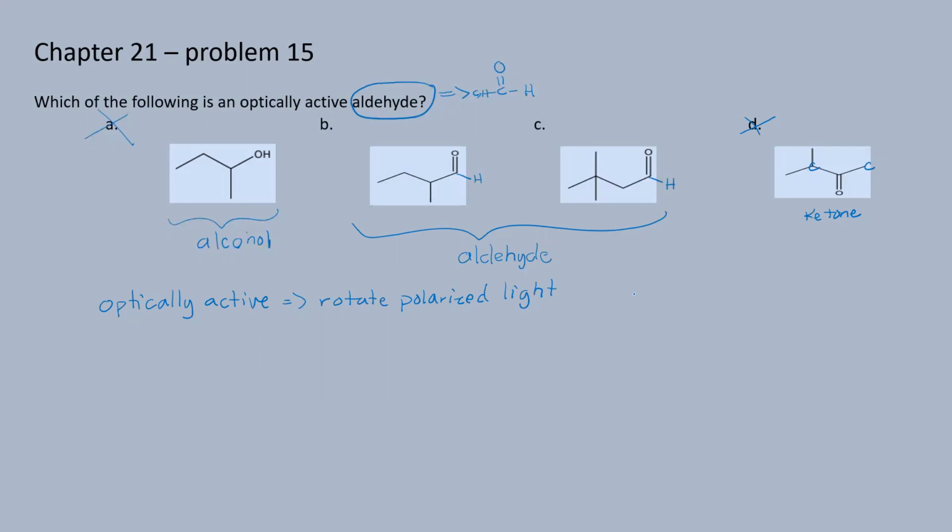So if you were to take a light source, and this will be polarized light that my arrow is illustrating here, and we're going to shoot it through a tube that contains our compound.